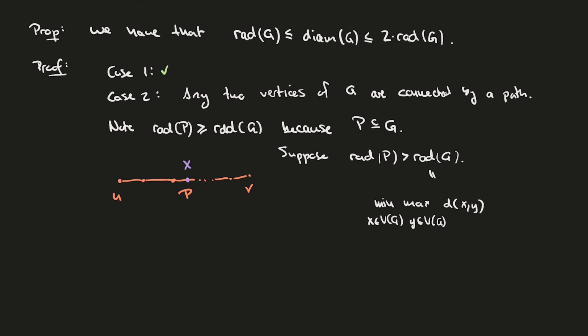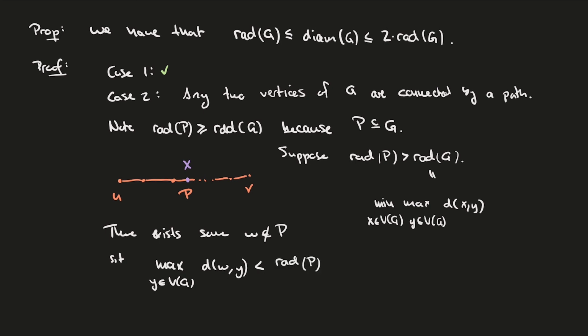Now, because this minimum is strictly smaller than the radius of P, this means that there exists some w that is not in the path P that satisfies that the maximum over all vertices y in G of the distance between w and y is strictly less than the radius of P, and we know that the radius of P by hypothesis is the distance between x and u.